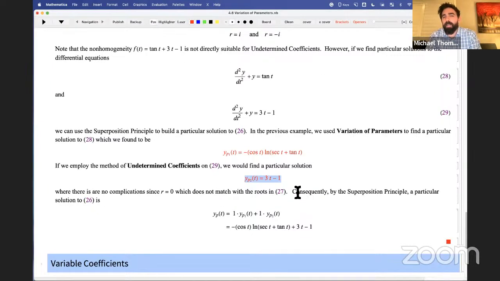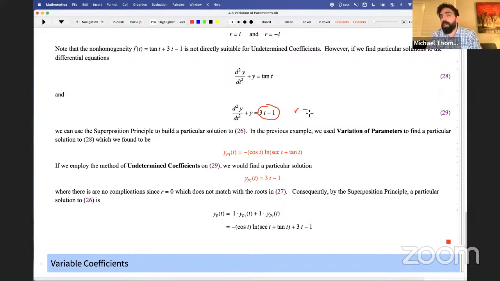In any case, we do have to be a little careful here. Remember, with undetermined coefficients, you have to check for complications because you might have to add an extra factor of t. So what you want to do is identify either your R or your alpha and beta. In this particular case, are we working with an R value or an alpha and beta problem? Do you see any cosines or sines? If you don't see cosines or sines, then you're going to use an R problem, right?